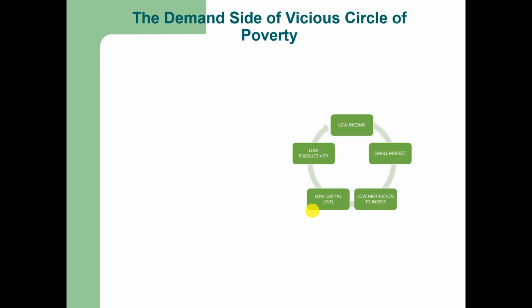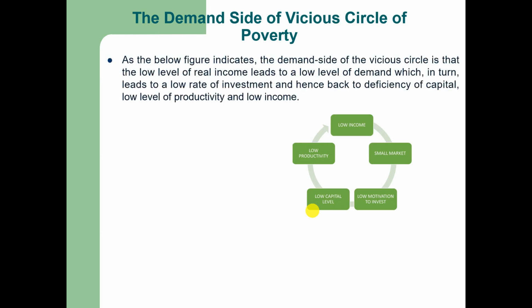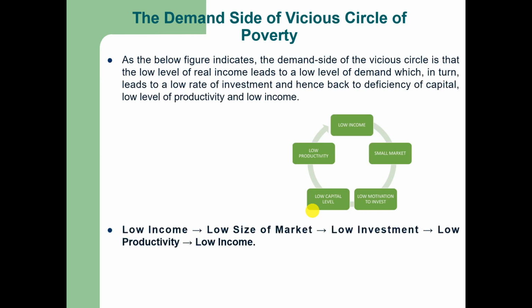When there is low investment, that will lead to low capital formation or deficiency of capital. When there is deficiency of capital, that would lead to low productivity, and low productivity would lead to low per capita real income. So this is the explanation of the demand side of the vicious circle of poverty.